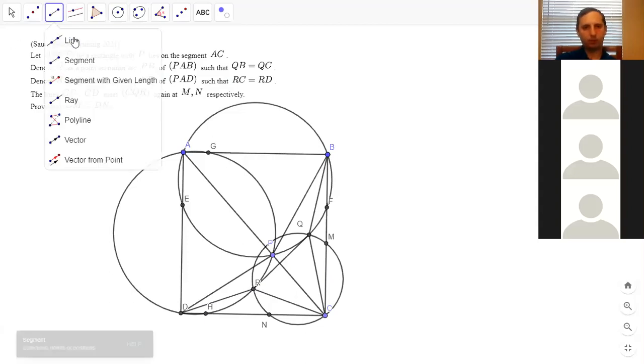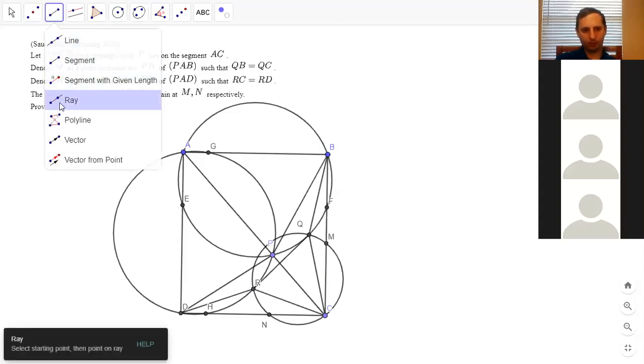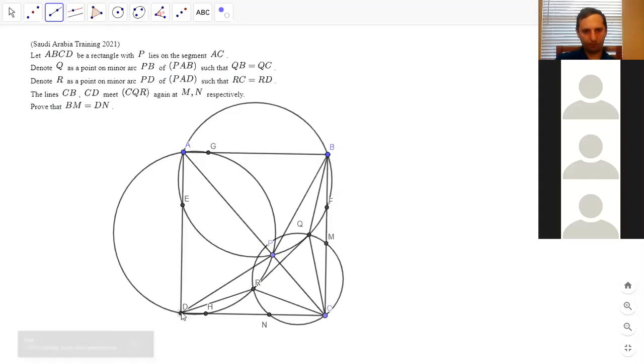Yeah, but maybe it's worth doing that too. So R is the circumcenter of this right triangle, and Q would be the circumcenter of that right triangle.